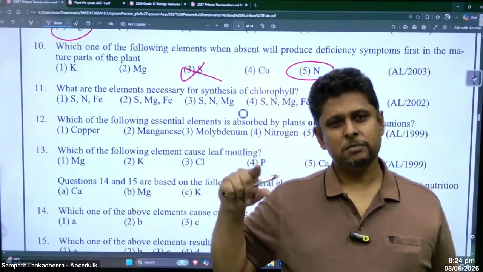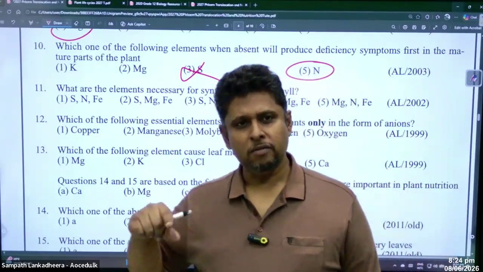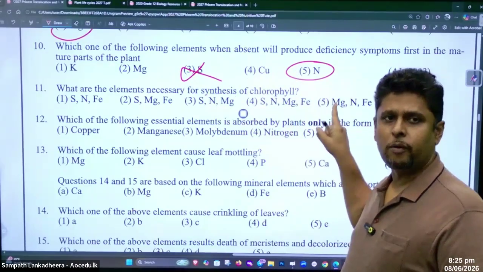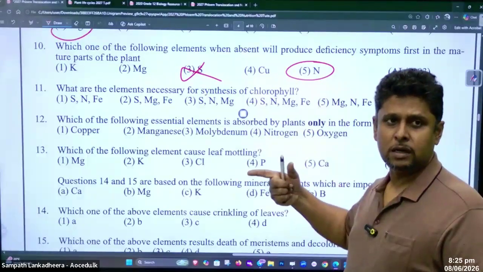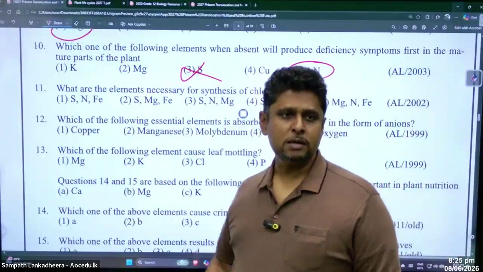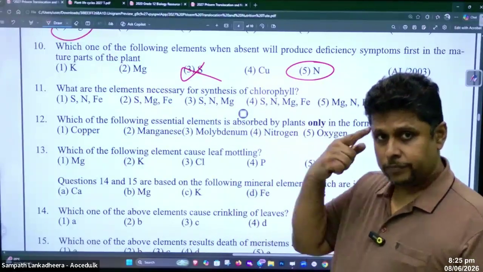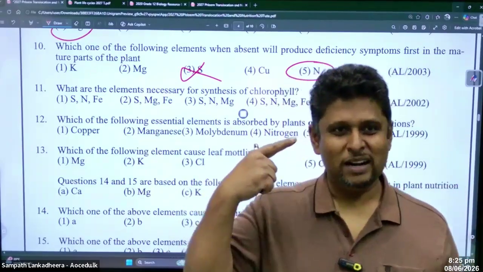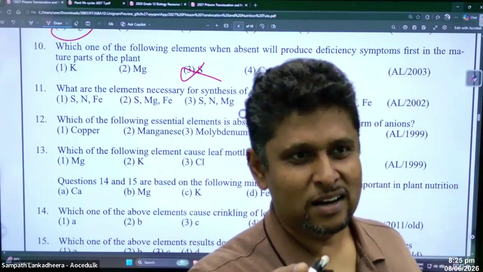Carbon, hydrogen, oxygen, nitrogen make up 95% of the living materials. So nitrogen, compared to magnesium, falls within that 95%. Otherwise, potassium and magnesium also we can think of as answers. Use your brain a little bit.